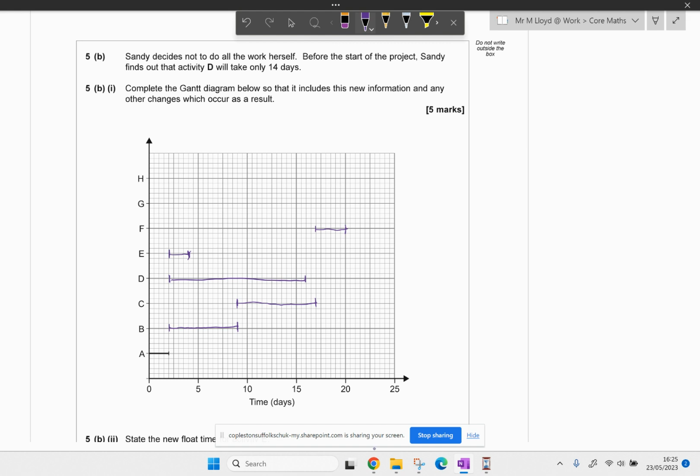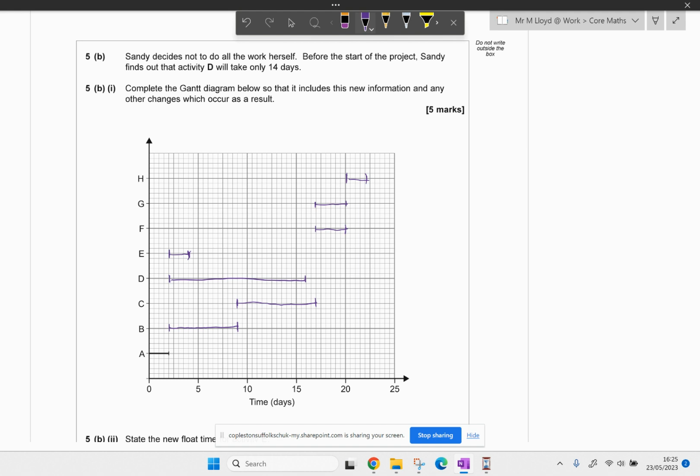So C, it's going to start at the same time. And it's the same length, which is really helpful. And then H has to have F and G finished. H is 2 long. 1, 2, like that. Right, float time. So F, G, and H, no float time at all. C, no float time, part of a critical path.